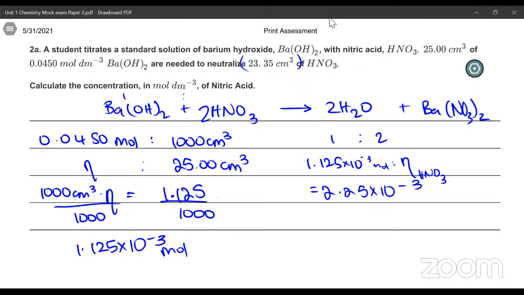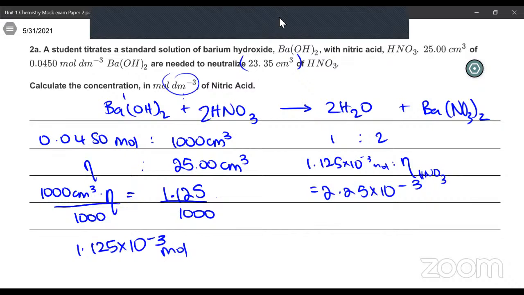So you have to convert cm³ to dm³. How I do it, and most times I don't get it wrong, is I would write 23.35 cm³, and the transverse to that, I would write cm³ over dm³.